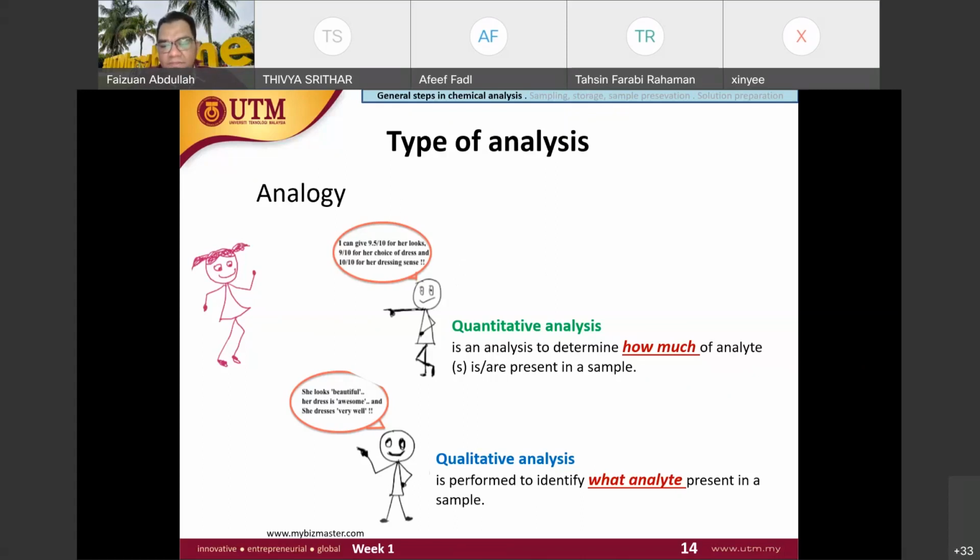Okay, it's about how much, determining how much of an analyte is present in a sample. And qualitative analysis: she looks beautiful, her dress is awesome, and she dressed very well. Okay, that is qualitative, right? It identifies what analyte is present in the sample. So this is acceptable worldwide, more valid and accurate for reporting. Which one? The quantitative analysis.